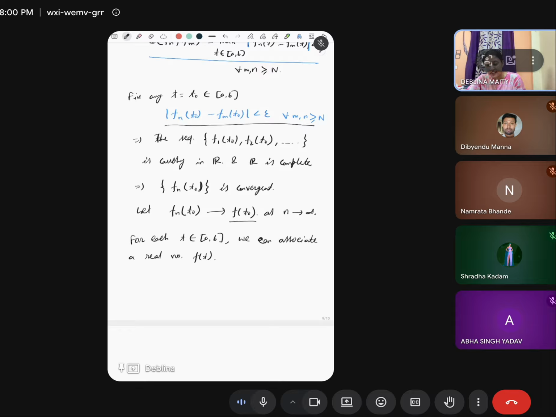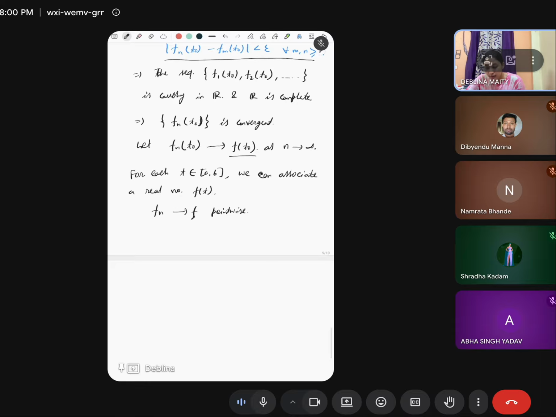This means the sequence fn converges to f pointwise. This is the definition of pointwise: fn converges to f pointwise means the sequence of real numbers fn(t) converges to f(t) for each t. So fn converges to f pointwise.